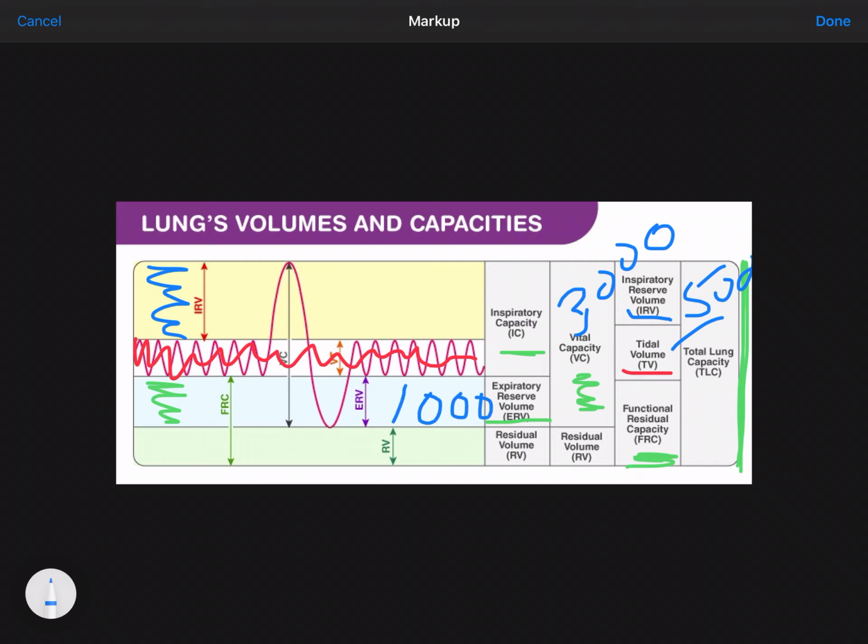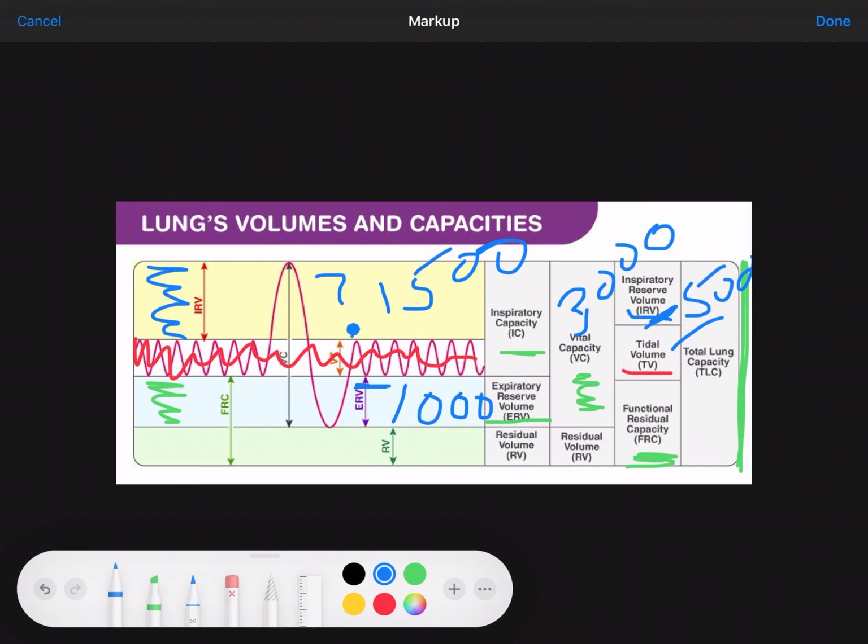The question is, what is your inspiratory reserve volume? Well, to solve this, inspiratory reserve volume equals vital capacity minus the sum of tidal volume and expiratory reserve volume. In other words, if we take 3,000 and subtract 500 and 1,000 from it, we'll get that our inspiratory reserve volume is 1,500.